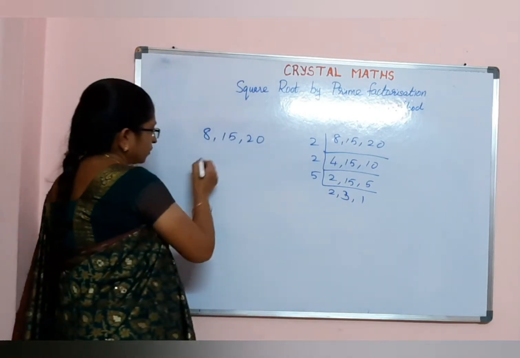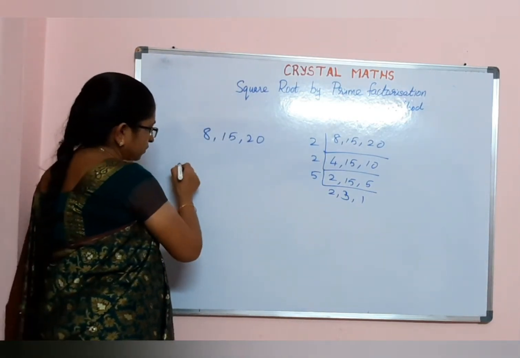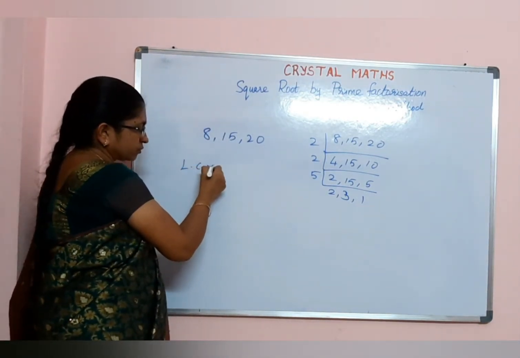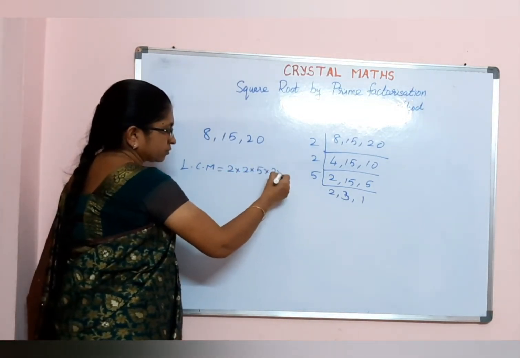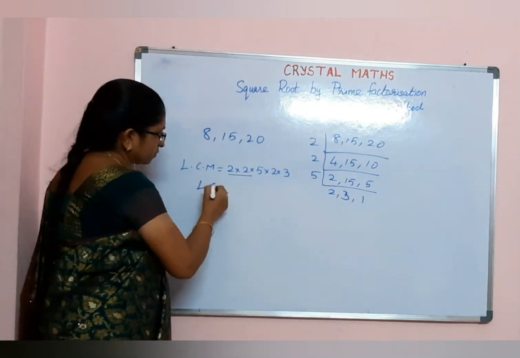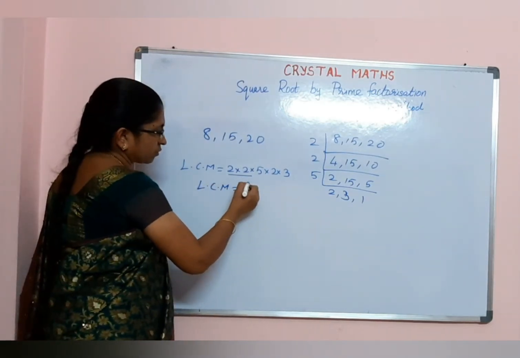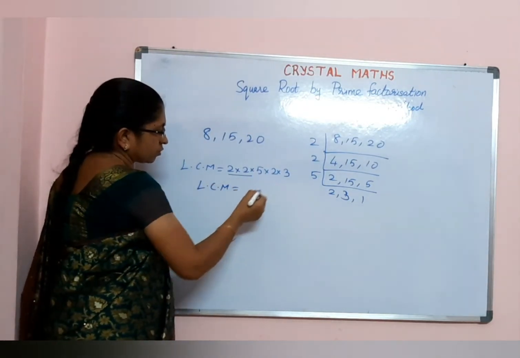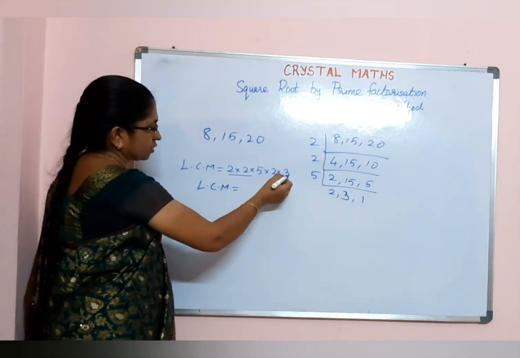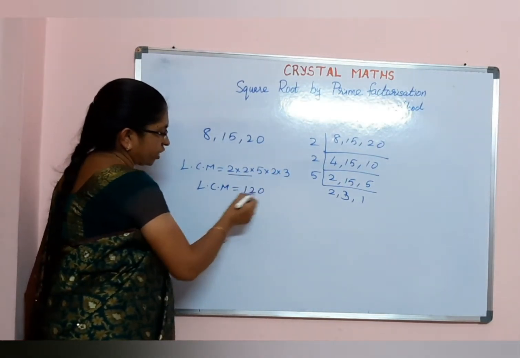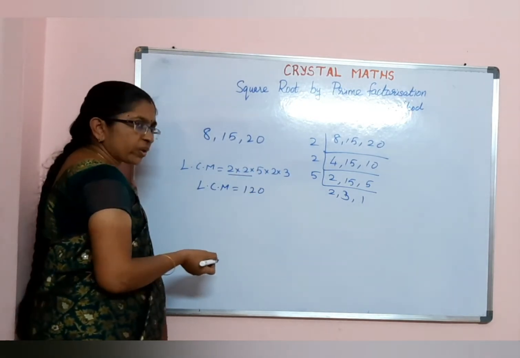If you multiply everything, we will get the LCM. So LCM is equal to 2 into 2 into 5 into 2 into 3. So the LCM is 2 into 2, 4, 4 into 2. The answer will be 120.